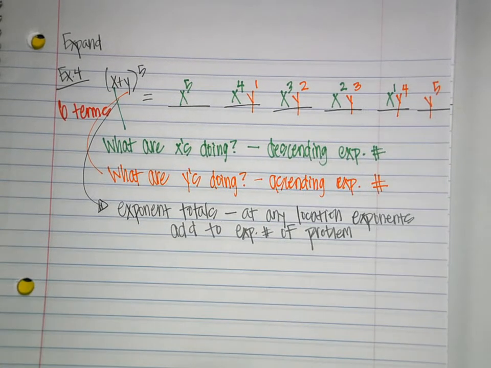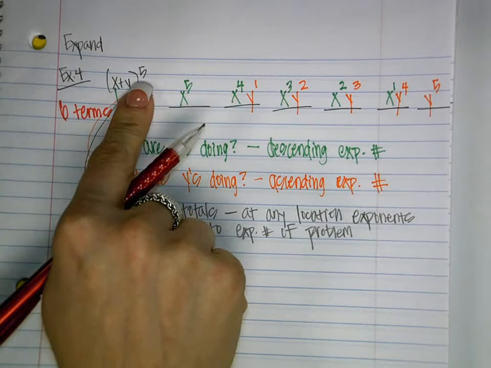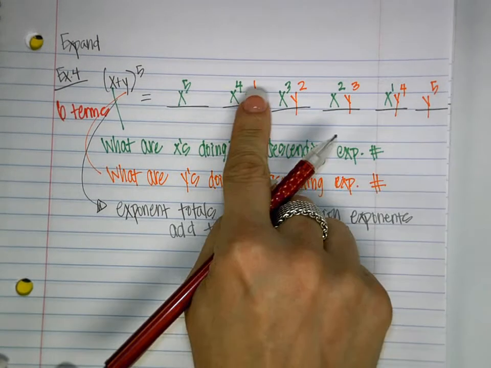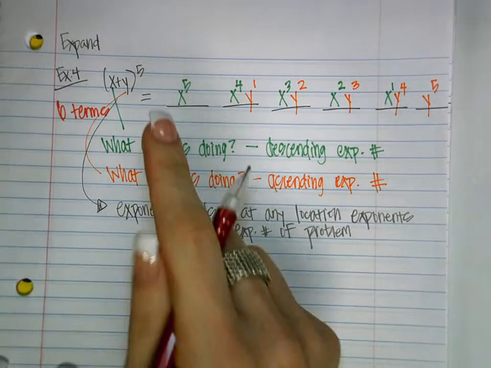So at any location, the exponent totals add to be 5. That's to the 5th power. 5 plus 0 is 5. 4 plus 1, 5. 3 plus 2, 5. They all add up to be your exponent total.